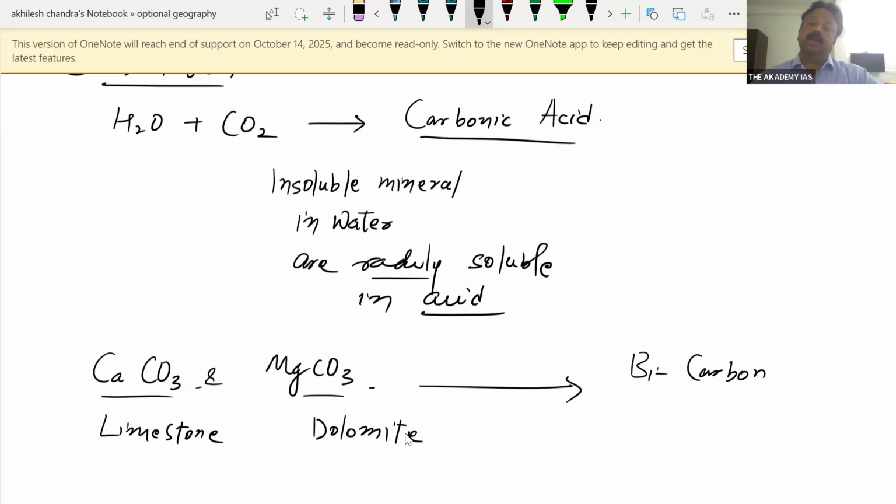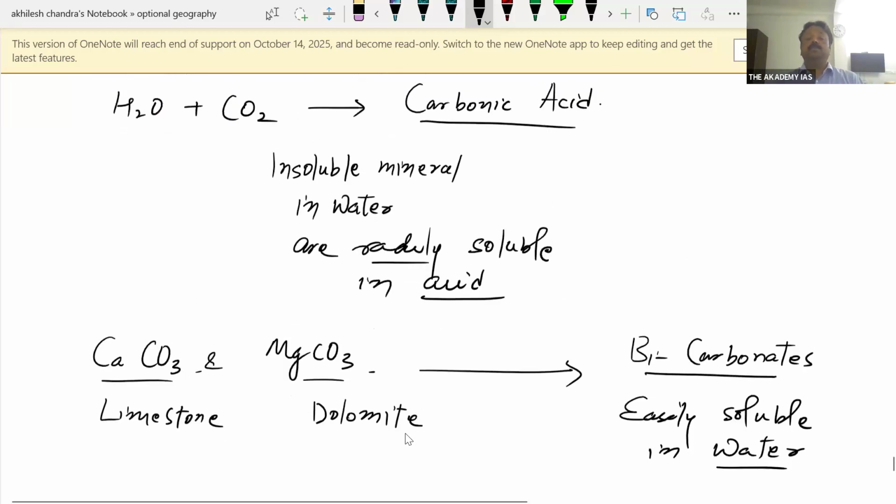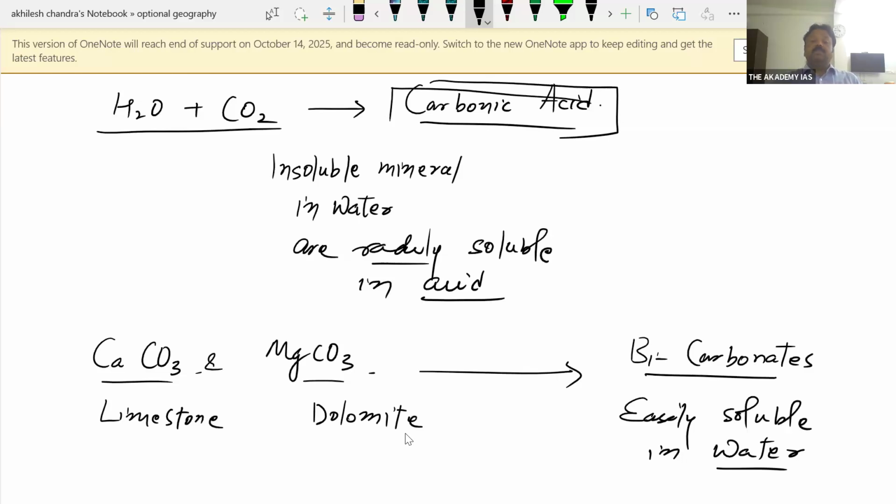And these bicarbonates are easily soluble in water. So it will increase the rate of erosion because of formation of carbonic acid. Who is going to form carbonic acid? Water reacting with carbon dioxide. So this is what chemical weathering is.